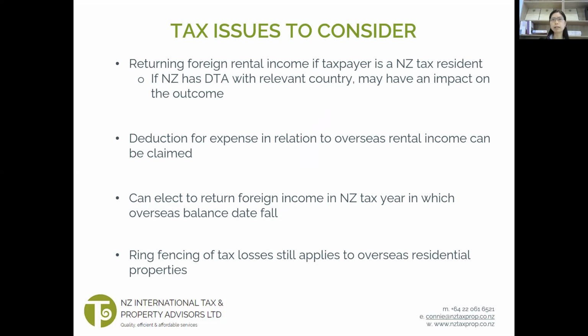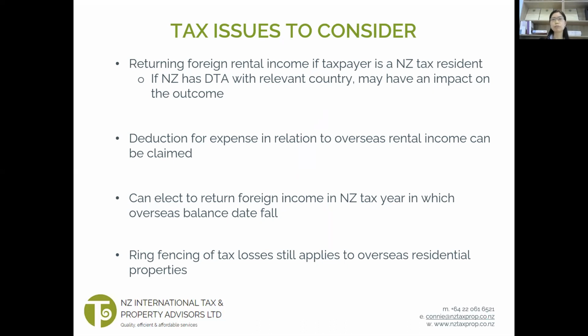Second point is that deductions can still be claimed in respect of the overseas rental income. Third point here is that the taxpayer can elect to return the foreign income in the New Zealand tax year in which the overseas balance date falls.